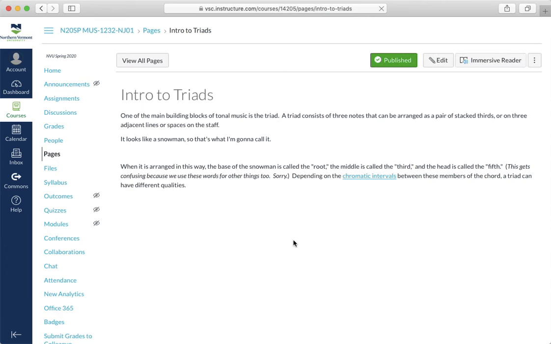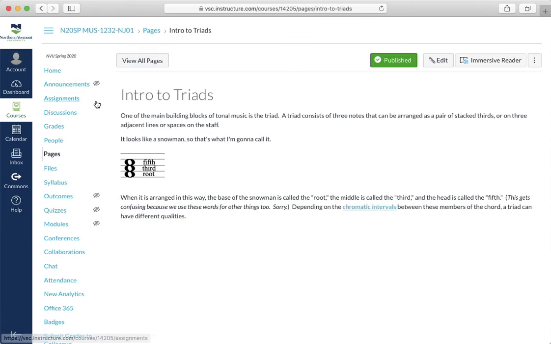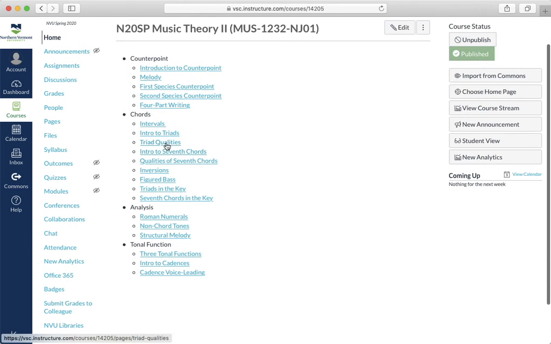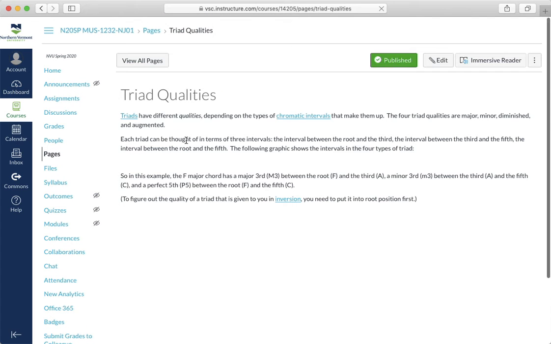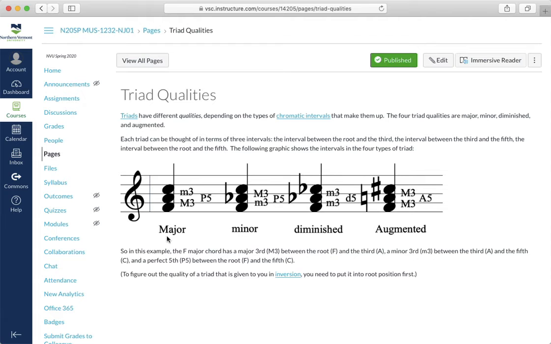There are discussions of triads, the root, the third, the fifth, discussions of inversions, and discussions of qualities first, and the interval content of major, minor, diminished, and augmented triads.